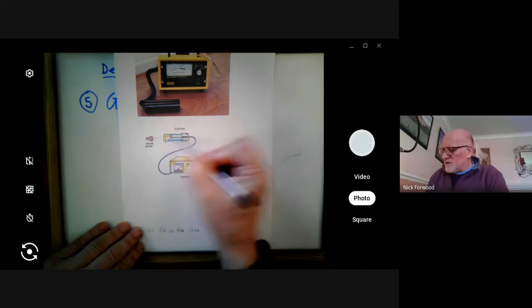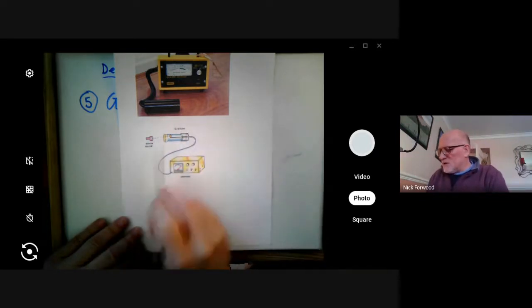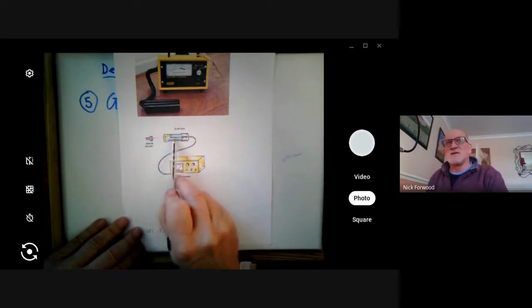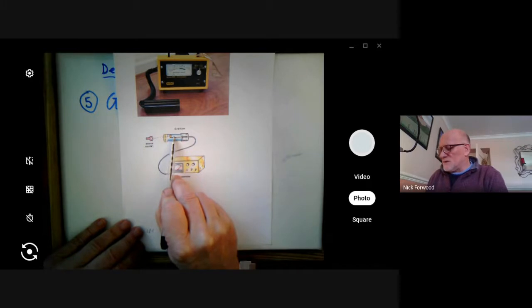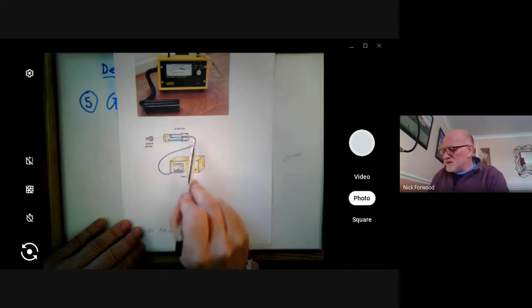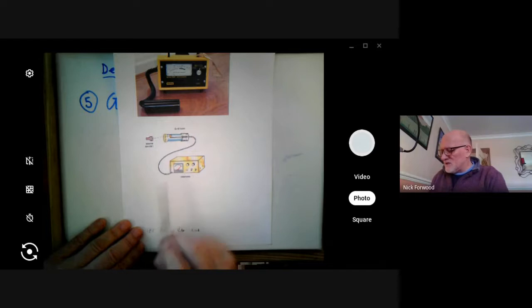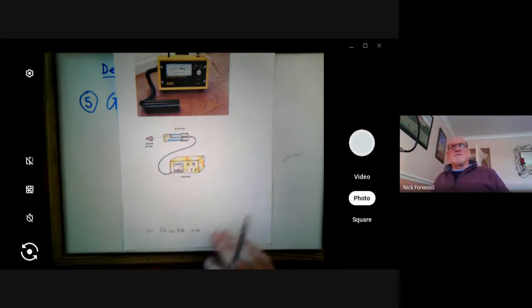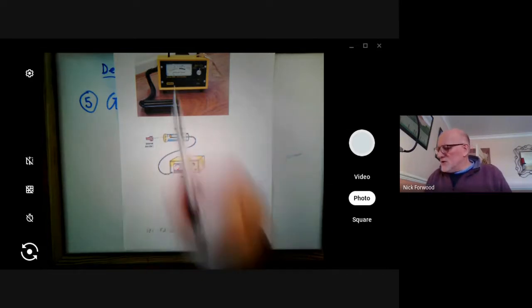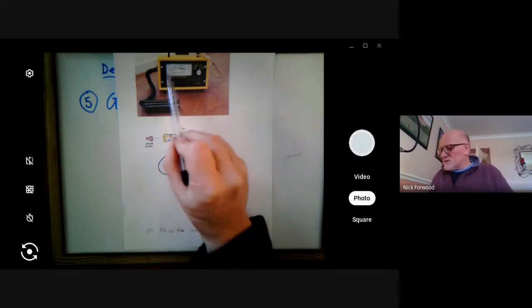Running down the center of the tube is a high voltage wire, and the radiation goes through a very thin window at the end and ionizes the gas inside. And when the ionized gas is detected by the charged up electrical wire, it sends a signal down to the rate meter, and it makes a click. It's a bit like a more modern version where you can actually have a counter on the screen.